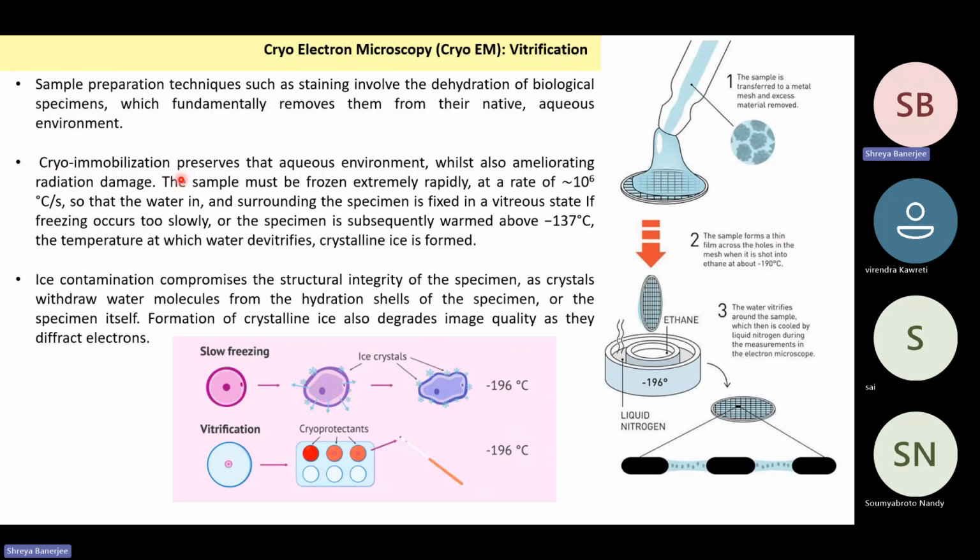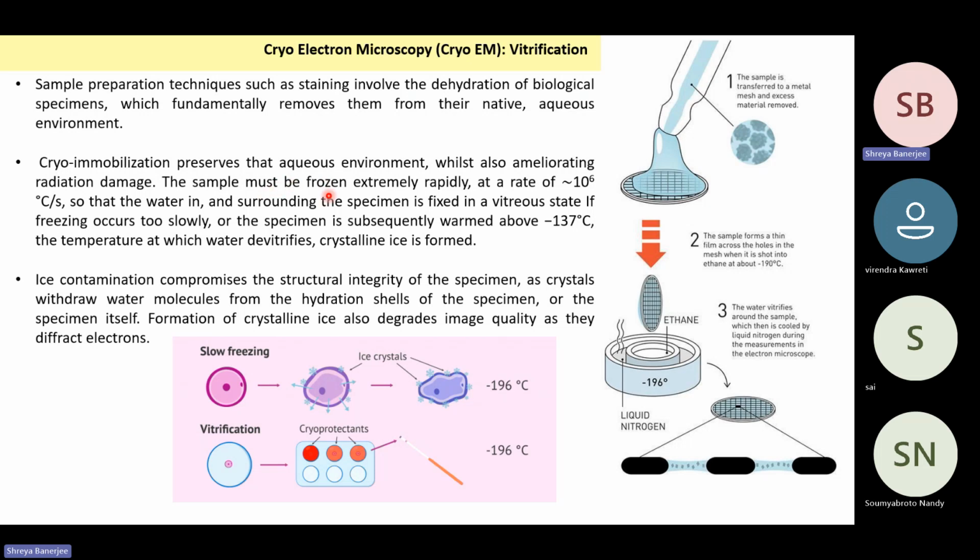So what is done is cryo-immobilization, which will preserve that aqueous environment while also ameliorating radiation damage. What this means is that cryoimmobilization will maintain the water environment so that the cell structure is not destroyed, and also because you are cooling the cell, it will minimize the damage due to the electrons striking the sample.